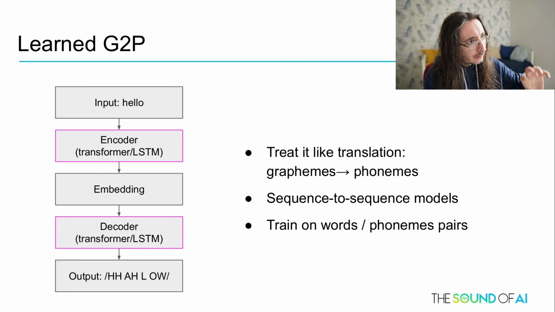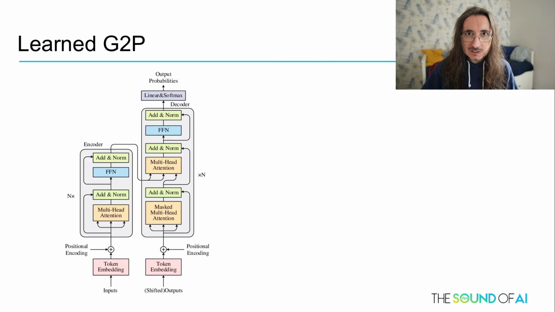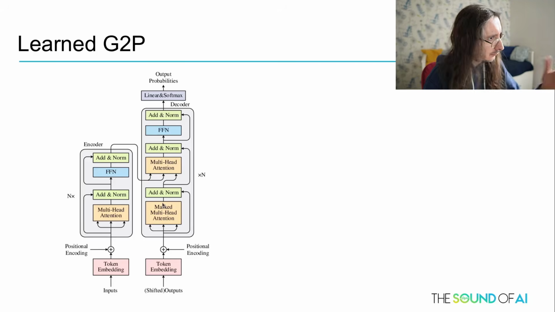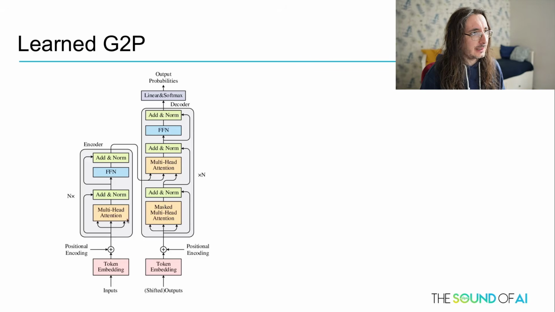Okay, so that's basically the idea. The architecture is basically an encoder-decoder model. Most of the time today, we would use a transformer model. And this is the vanilla transformer. On the left-hand side, you have the encoder part. On the right-hand side, you have the decoder part. That's from the original paper, Attention Is All You Need.